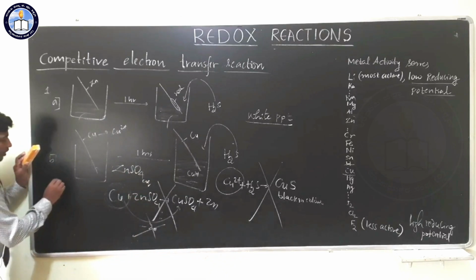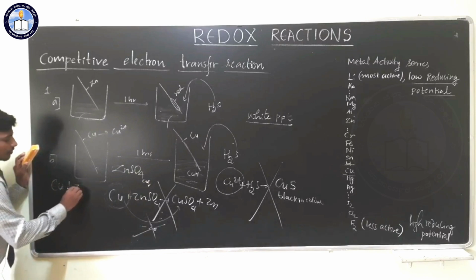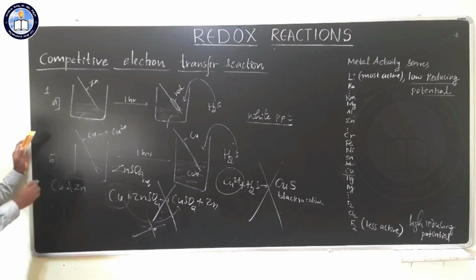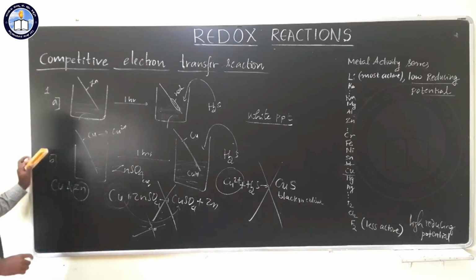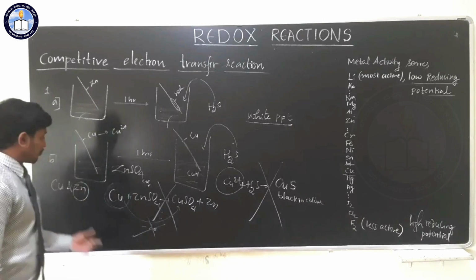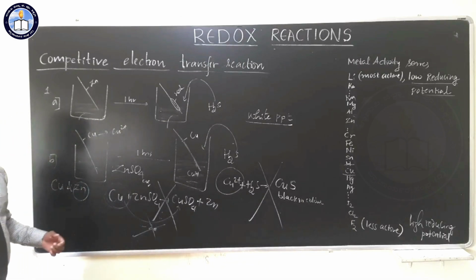When I compare copper and zinc, zinc is the one which is ready to give electrons easily, but copper is not.